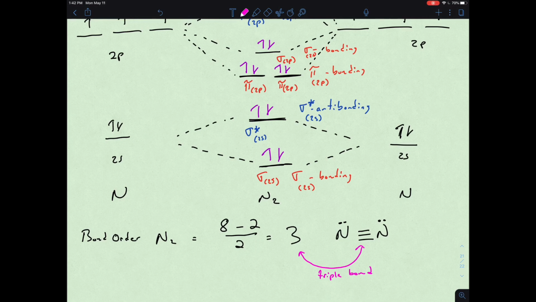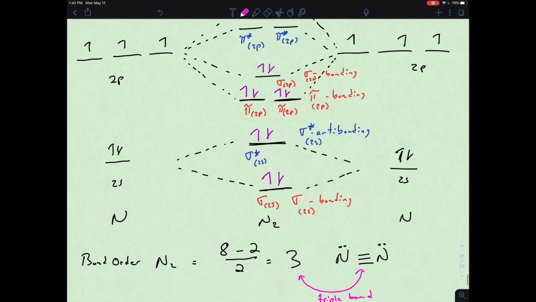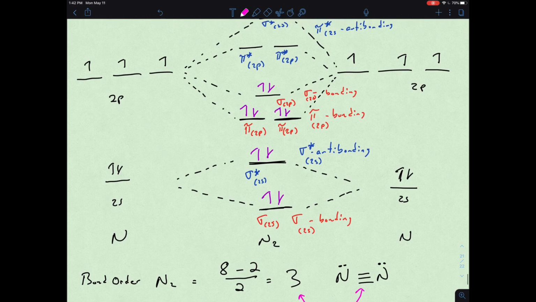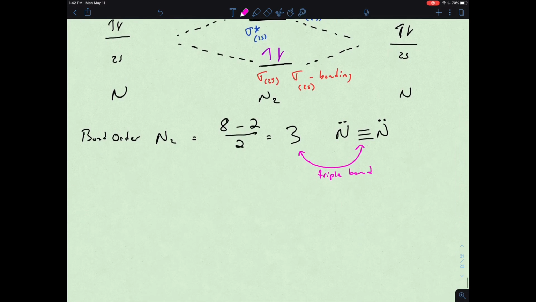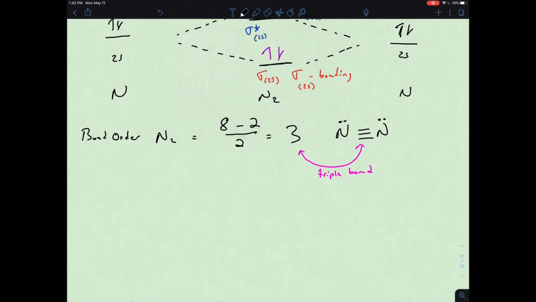So that's one type of molecular orbital theory that we have for nitrogen and some other diatomics to the left of nitrogen. In particular, it's the sigma and pi, sigma star, pi star of the p set, which is what subtly changes. Let's do maybe 2 more examples.